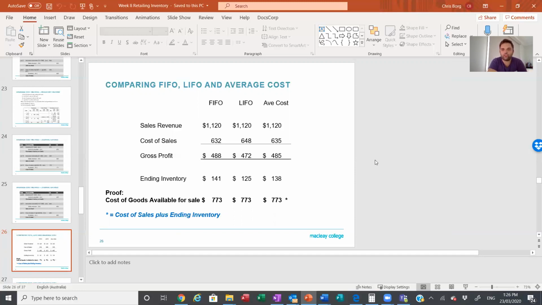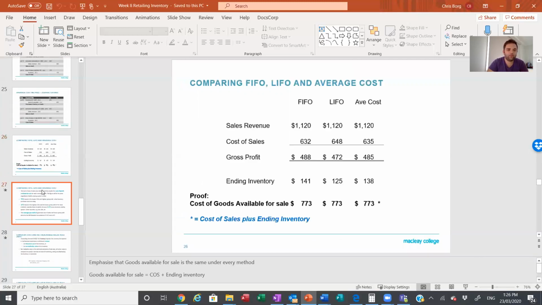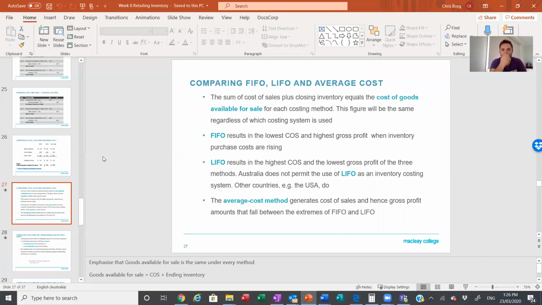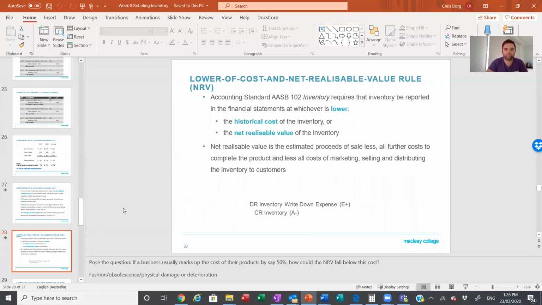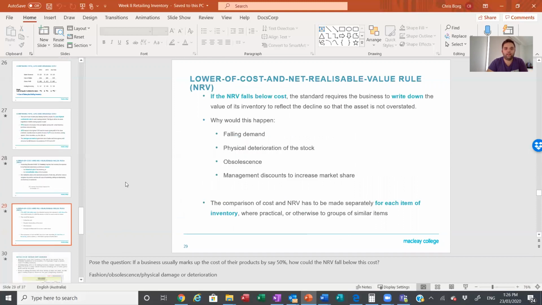And in the homework questions that you will have in the tutorial questions, you will also be told the method to be using, and in most cases will get you to compare as well. So, as I've just discussed, comparing the FIFO, LIFO and average cost methods are all summarised in slide 27.